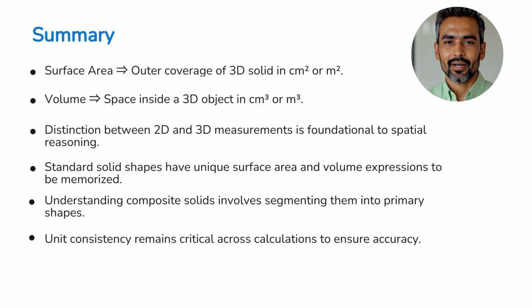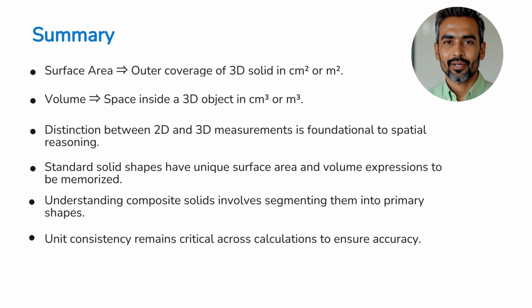Key points to remember. The difference between 2D and 3D measurements helps us understand space and shapes better. Each standard solid, cylinder, cone, sphere, and hemisphere has its own formulas for surface area and volume that you should memorize. And above all, keep your units consistent throughout all calculations to avoid mistakes.